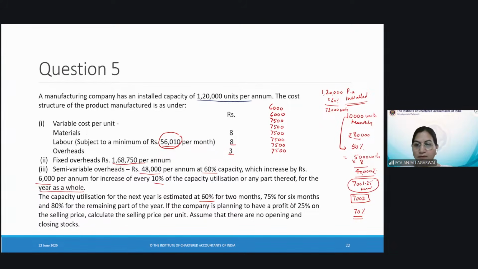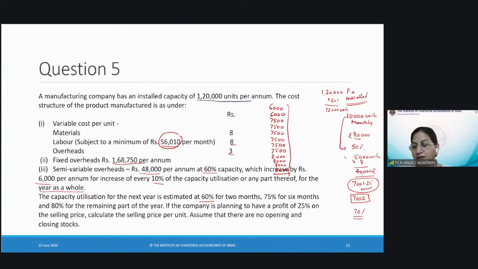And 80% for the remaining part of the year. So 8 months have gone, another 4 months, 8,000 units. So this is what has been your production throughout.